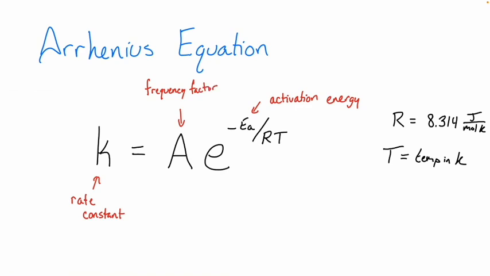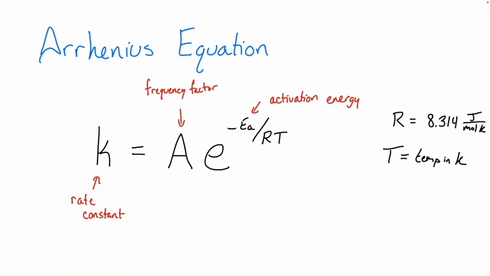We'll do a little bit more of a deep dive on that towards the end here. But again, the height of that barrier on that free energy diagram we call the activation energy, and that activation energy is related to the rate constant for a reaction through this equation here.